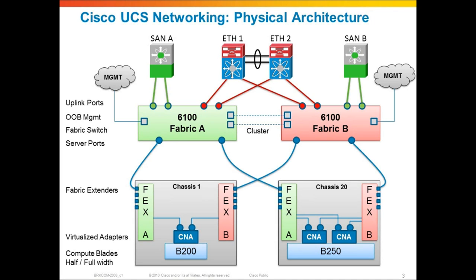And that adapter is dual-ported with 10 gig traces that swing from one port to Fabric A and another port to Fabric B. And the fabric extender that these adapters connect to are really just logical extensions of the Fabric Interconnect they're connected to. There is no console port on that fabric extender. There's no IP address or software image or configuration file that you really need to worry about. It's really a zero-touch stateless device.